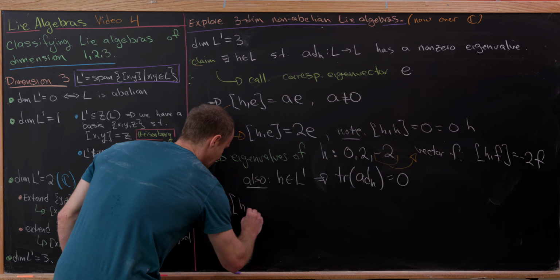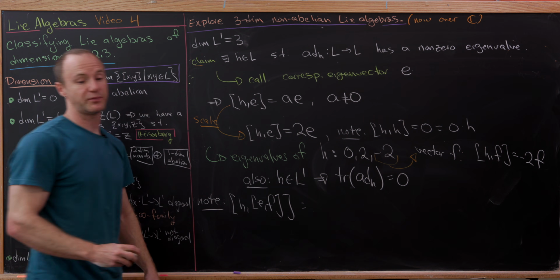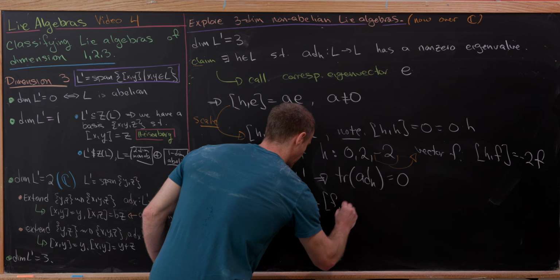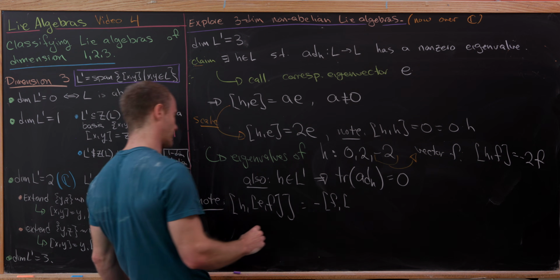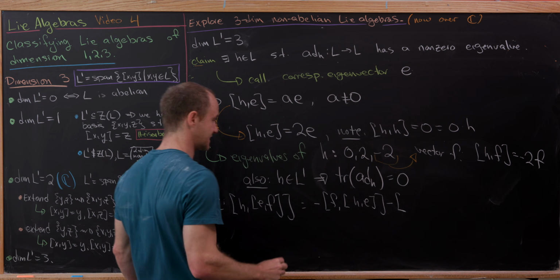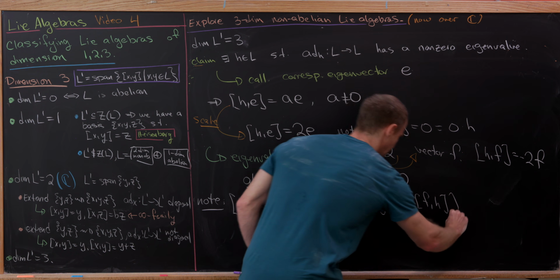So let's do the bracket of h with the bracket of e with f. And we'll apply the Jacobi identity. So this will be negative the bracket of f with the bracket of h with e, and then minus the bracket of e with the bracket of f with h.